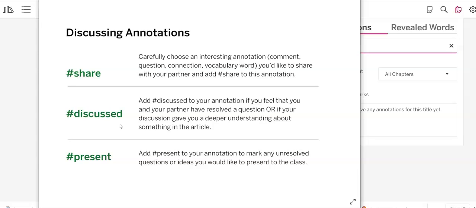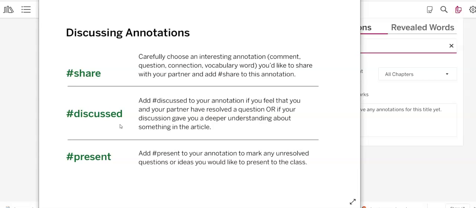Hey, Mrs. GD, me and so-and-so were able to discuss this. Maybe you want to present something instead of putting share or discuss. You can use whatever hashtags make sense to you as long as they are school appropriate. And they have to make sense, okay?